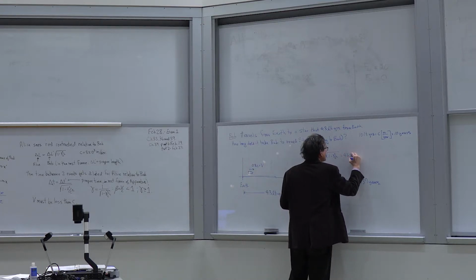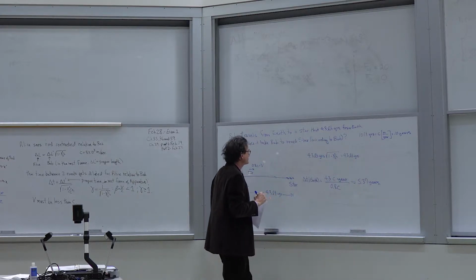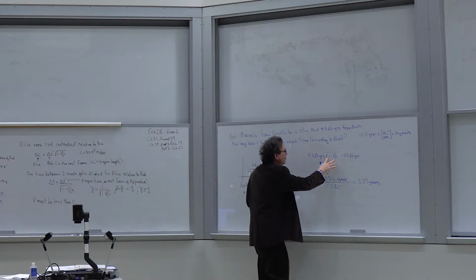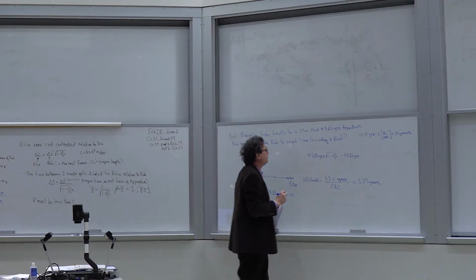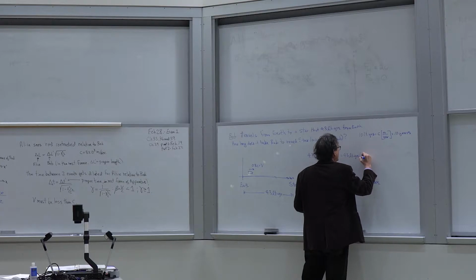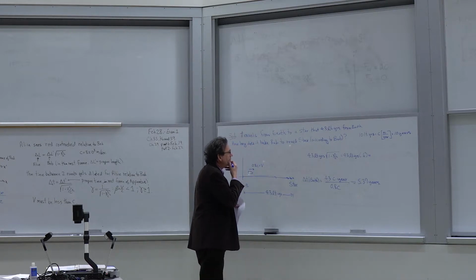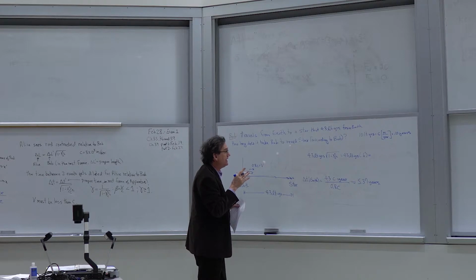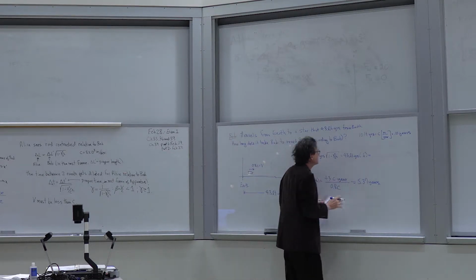4.3 light years times the square root of 1 minus v squared over c squared, and that looks like about 0.6, I believe. So the length that he is going to see that he has to traverse is 4.3 times 0.6.